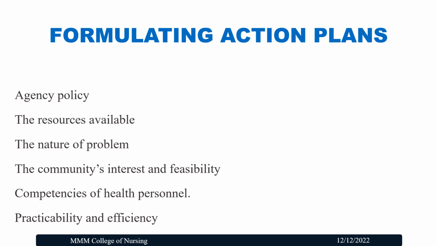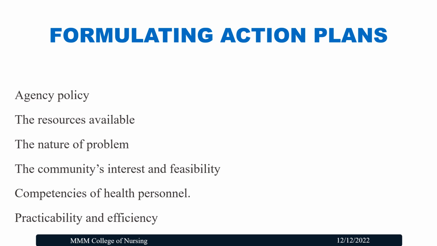When we are formulating the action plans and doing community diagnosis, we should follow certain criteria. The first one is to identify the agency or institutional policy. The second is we should identify the resource availability of the institution, the organization or the community administration. The third is the nature of the problem in a particular community.